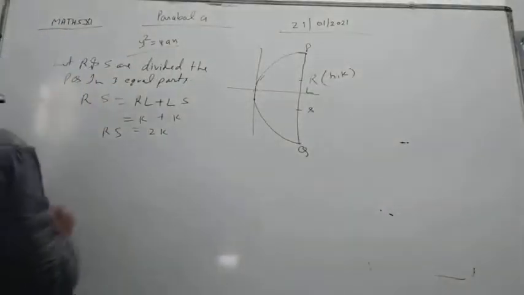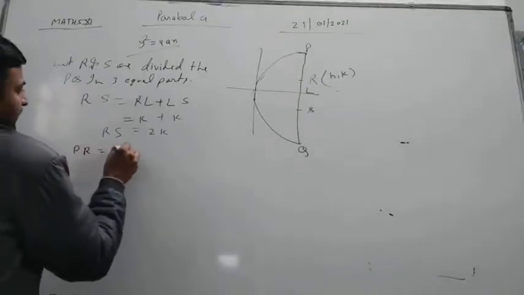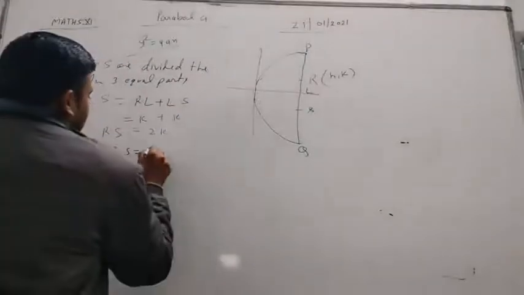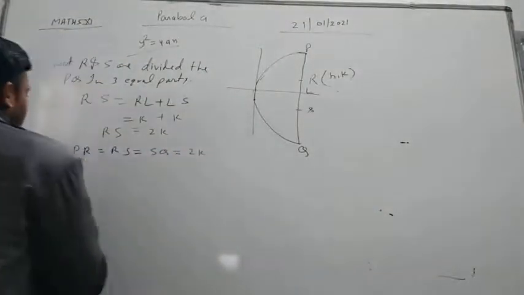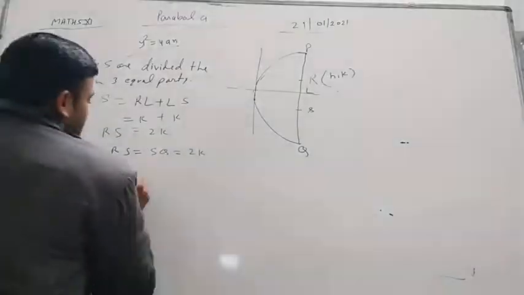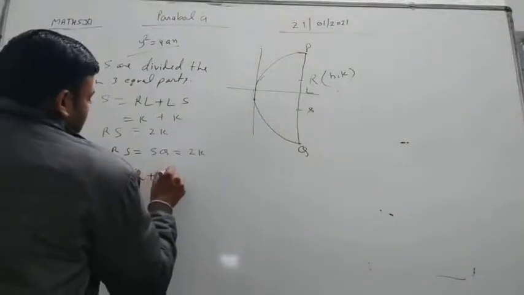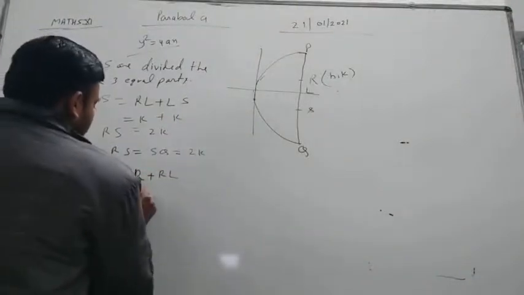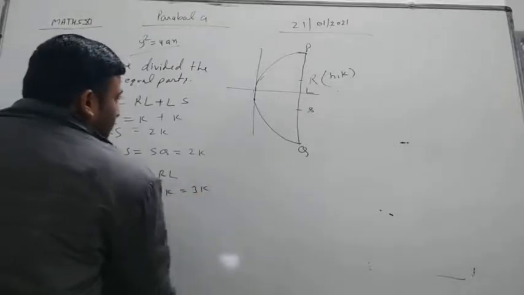And we know that PR is equal to RS plus SQ, and these three are equal to 2k. Now student, we have to find PL, which is equal to PR plus RL. So PR is 2k and RL is k, so this is equal to 3k.